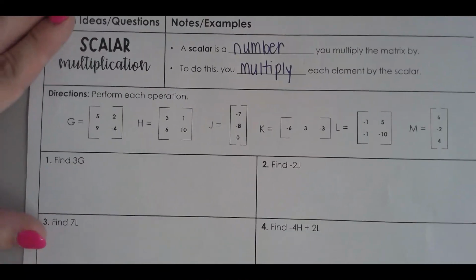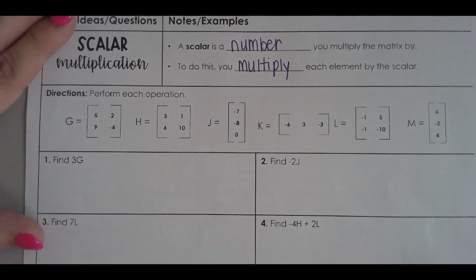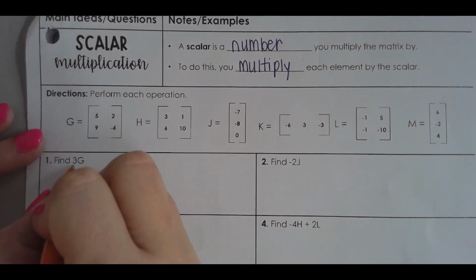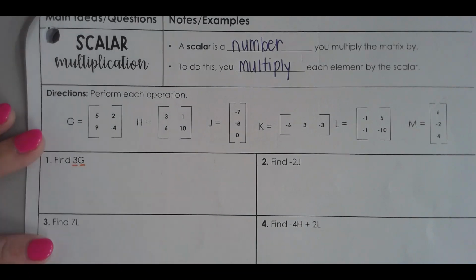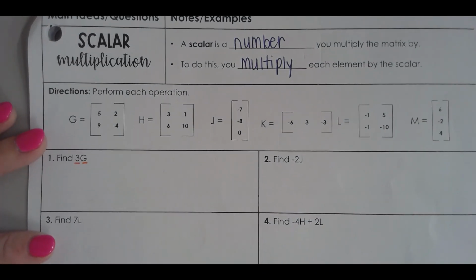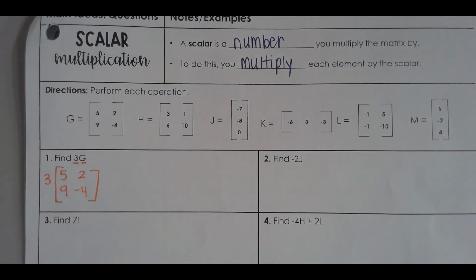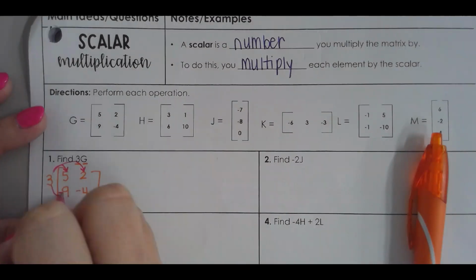So, for example, on number 1, if it says 3G, I'm taking 3 times matrix G, and we just take the 3 times all 4 numbers on the inside.